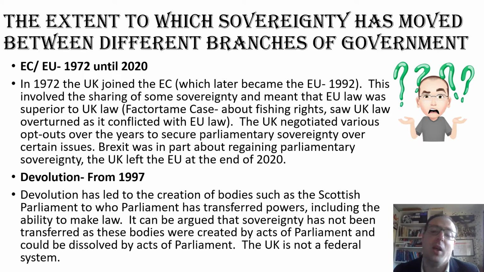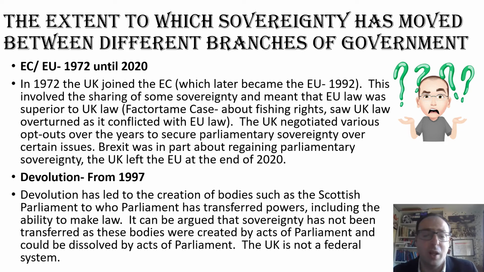Over the years, the UK negotiated various opt-outs to try to secure parliamentary sovereignty in certain areas and prevent EU laws from restricting what the UK did in certain things, and that was a form of Euroscepticism. Again, the argument was often presented about sovereignty at this point.